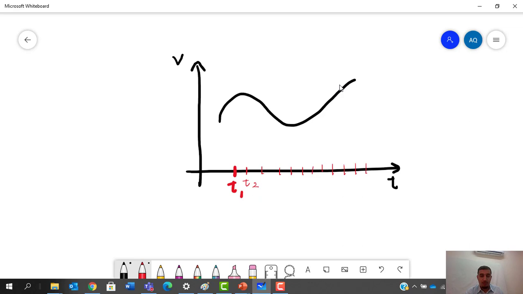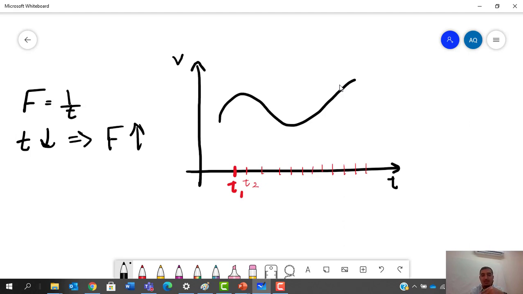So I will create more time samples, and as you can see over here, once more F is equal to 1 over the time T, and since T has decreased, this means that the frequency has increased. So as we increase the sampling frequency, we will end up with more samples over here.